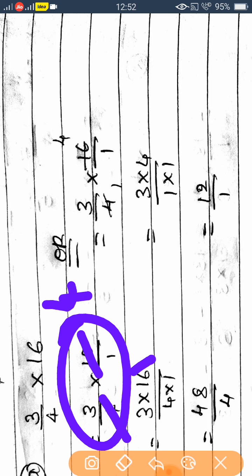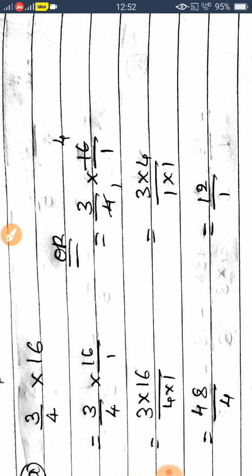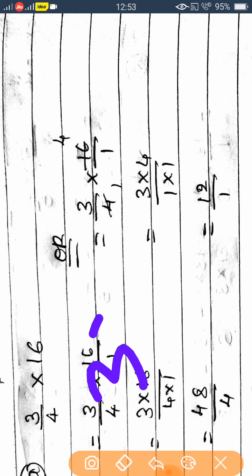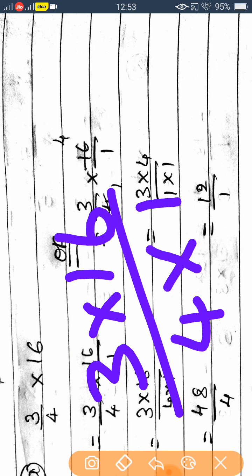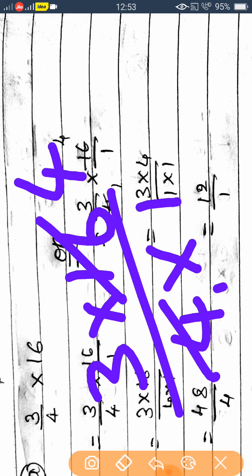One numerator and one denominator we can cancel by a common multiple. You can also write it like this: 3 into 16 divided by 4 into 1. Here also 4 fours are 16, 4 ones are 4. This 4 and 16 come in the table of 4. That's why we cancel by 4.